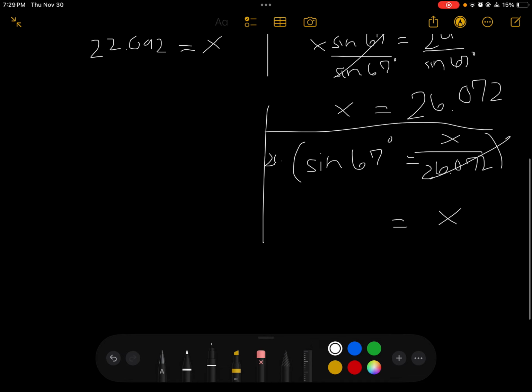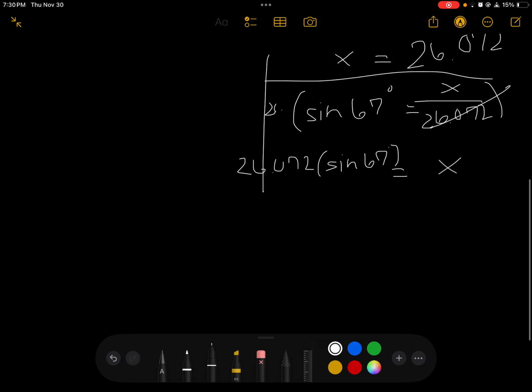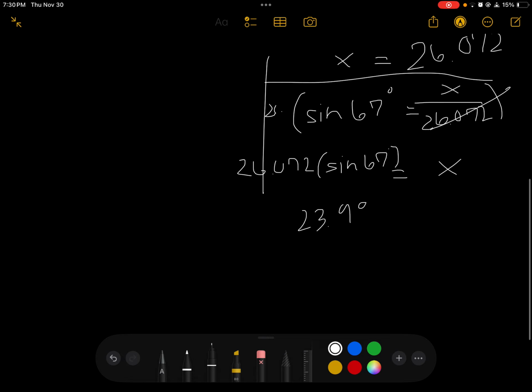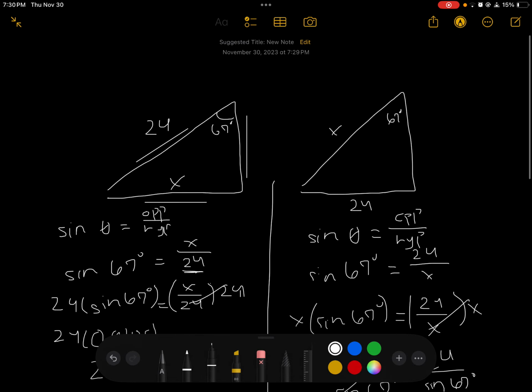We have x sin 67 times 26.072 multiplied by sin of 67, and we have 23.999 equals x, which is actually 24. So therefore, that's how you solve.